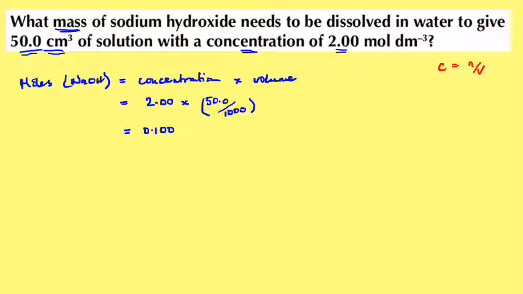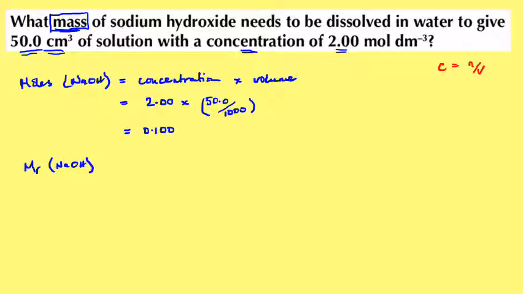Okay, so that's the moles of sodium hydroxide, but the question, of course, is asking for the mass of sodium hydroxide. So in order to convert moles to mass, we're going to need to know our relative formula mass of sodium hydroxide.